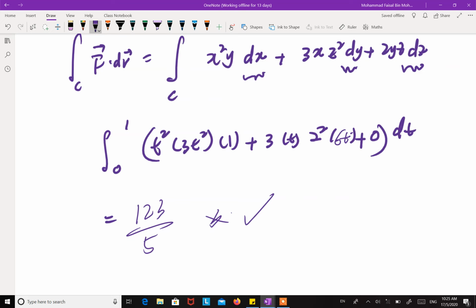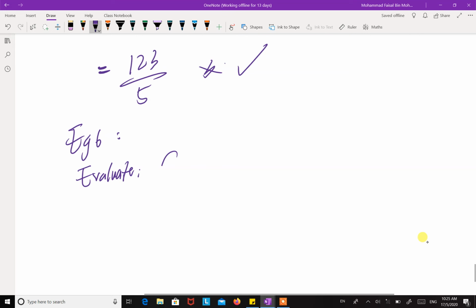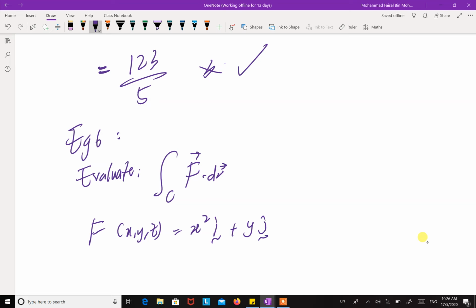Okay, example 6. Evaluate the integral of f dot dr, the total work done, where f is x squared i plus y j plus (xz minus y) k.